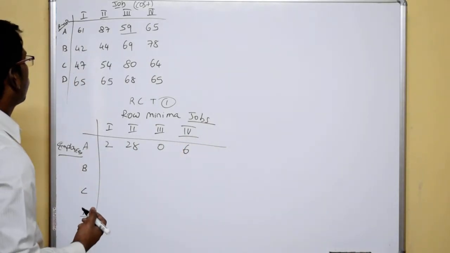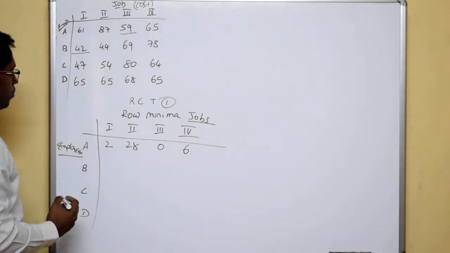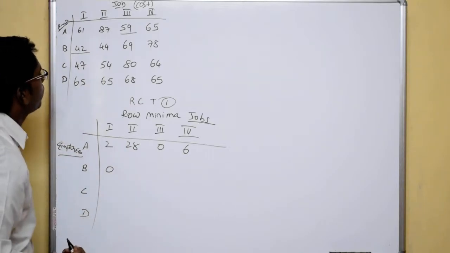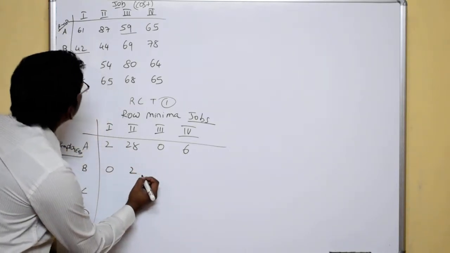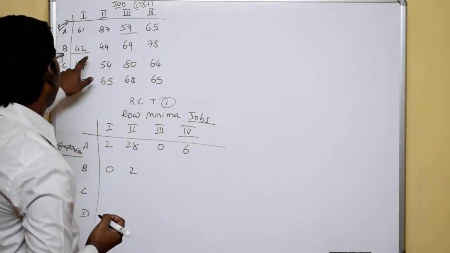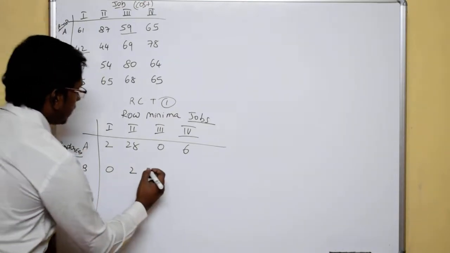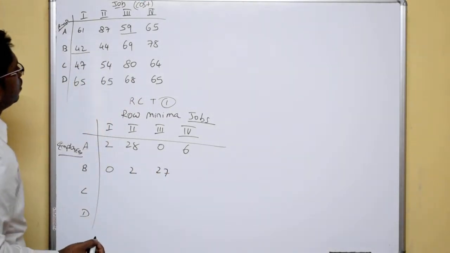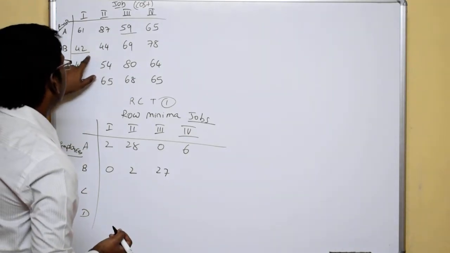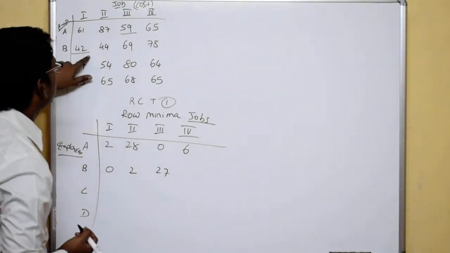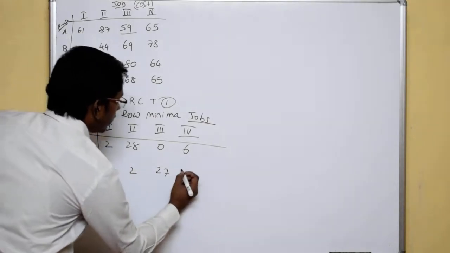Second row, the least cost is 42. This will be 42 minus 42, 0. This is 2. This will be 27. And this will be 52, 62, 72, 36.